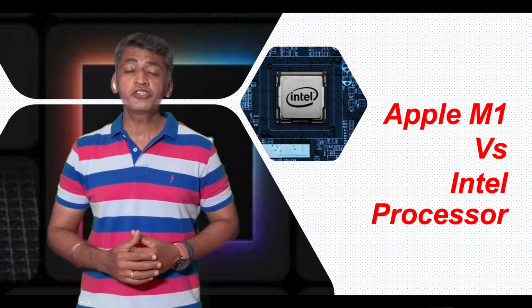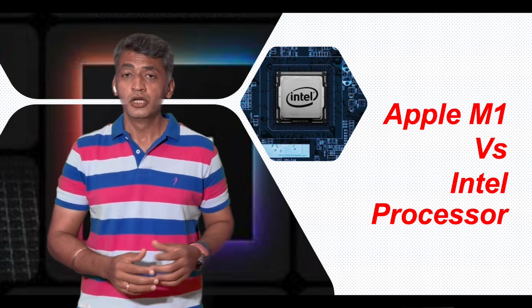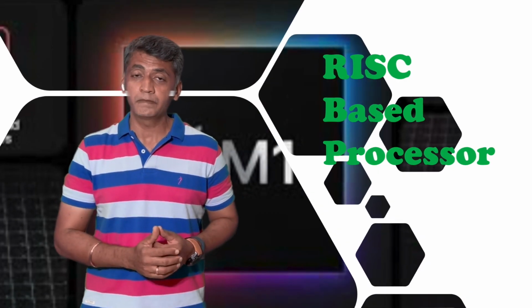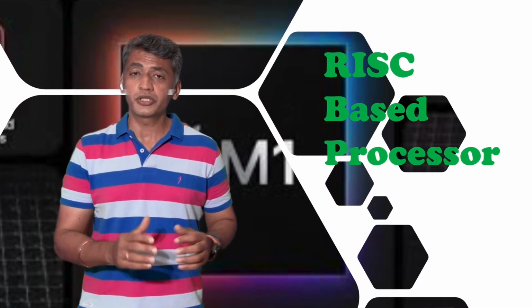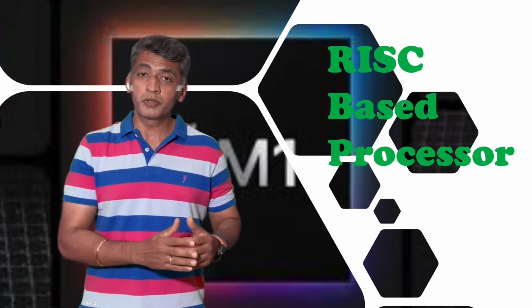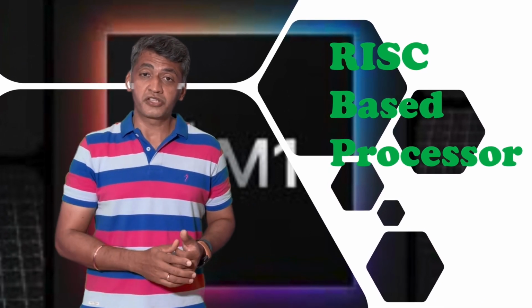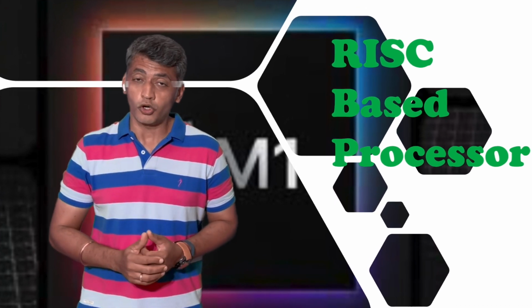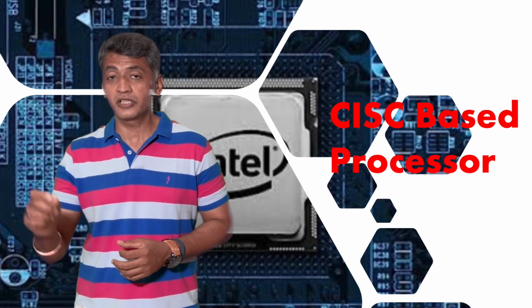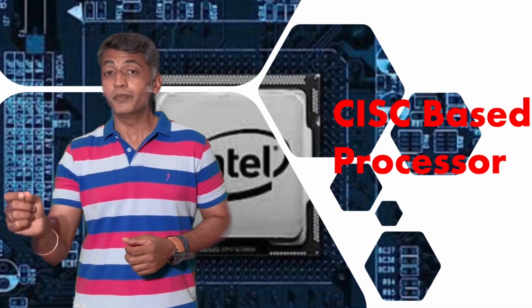So what is the major difference between these two processors? The M1 processor uses the reduced instruction set architecture. RISC architecture uses register to register operation. But CISC, the complex instruction set architecture, uses memory to memory operation.